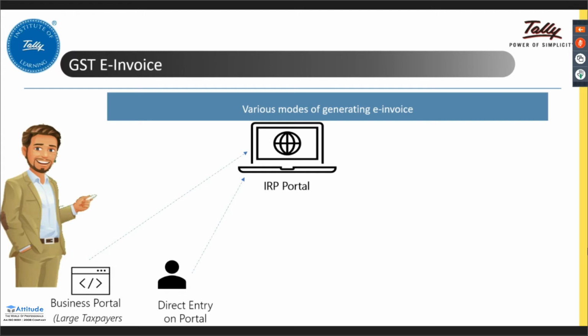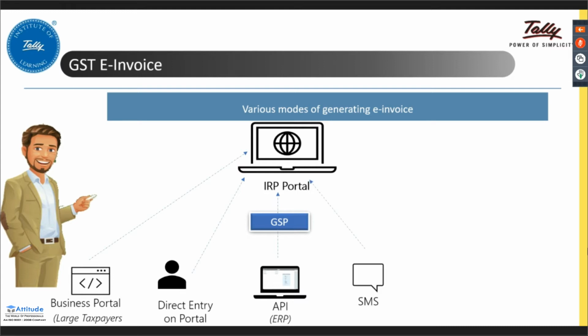If not, a dealer can directly log in to the IRP portal and enter or generate the e-invoice. The third method is through API. We have the GSPs, that is GST Suvidha Providers, so with TallyPrime being an API, from the ERP application we can easily record the transactions and instantly generate the e-invoice through a GSP.